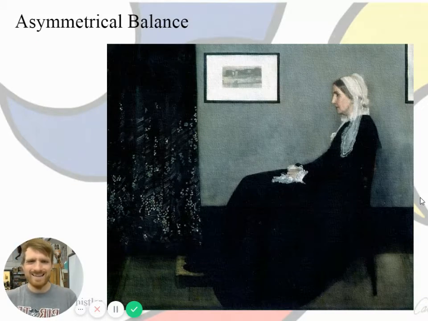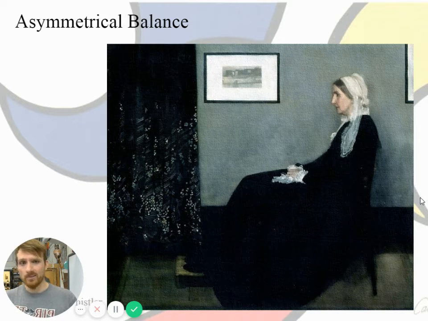We can also have asymmetrical balance, which really is when there isn't that sense of patterning, but the things are still relatively balanced. So in this painting, we have the woman in black being balanced out roughly by the curtain.